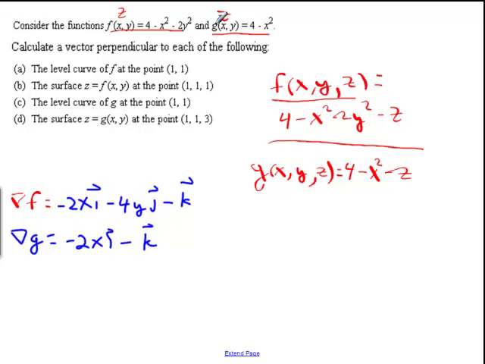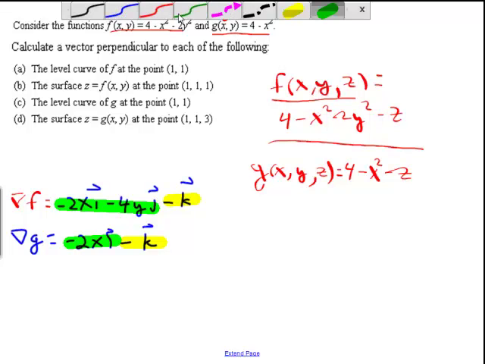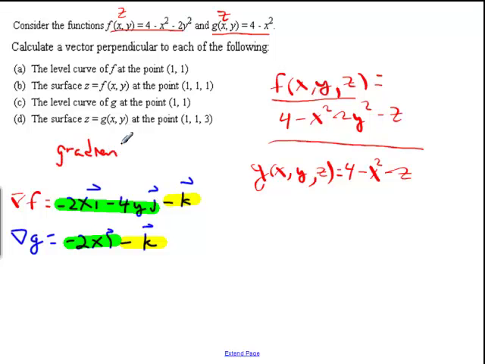Now notice, these are the gradients for the level surfaces, but if we were to get rid of the k component, which is the third dimension, then the green values are my gradients for the level curves, in 2D.